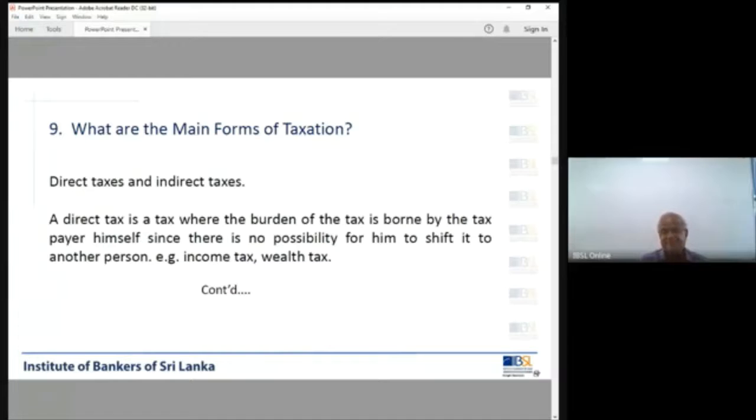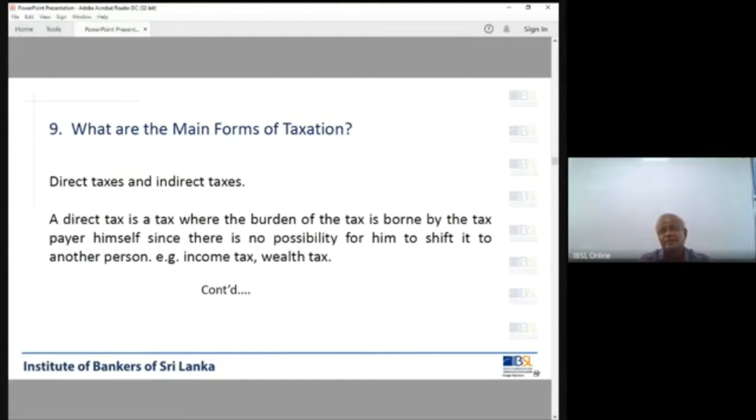Tax is a burden. No one likes paying taxes. Why is that? Suppose your income is 50,000. If you pay 1,000 rupees to the government, your income will be 49,000. Disposable income decreases. After-tax income decreases. You surrender 1,000 rupees worth of purchasing power to the government. You don't like that.